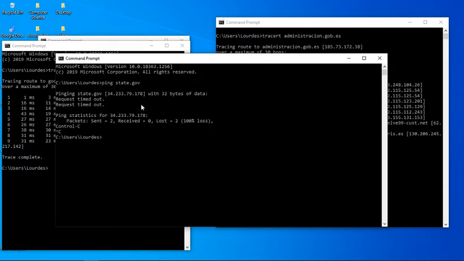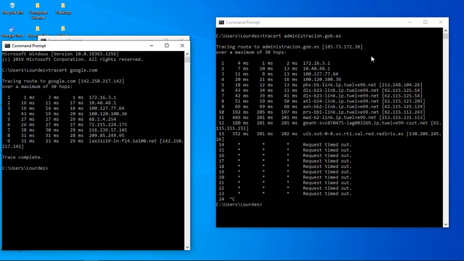And the same happened, interestingly, with the State Department here in the United States. I was also not able to retrieve information using the command prompt. But using traceroute, it is interesting.